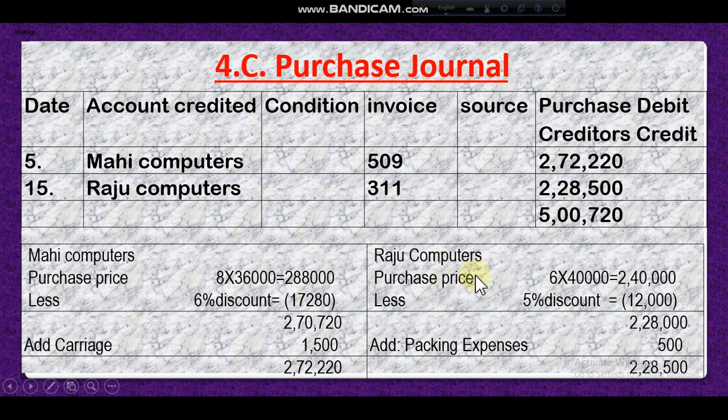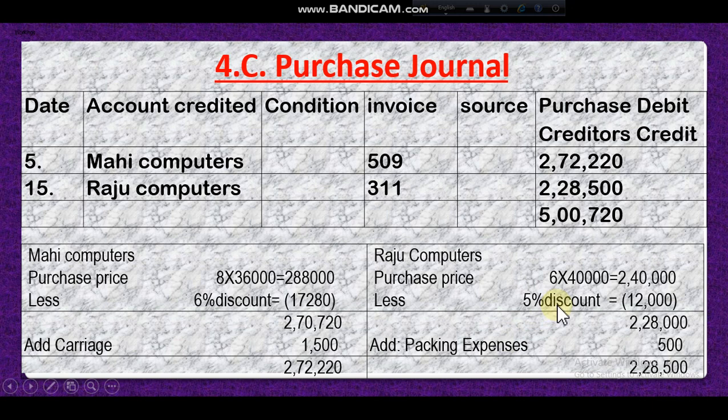Look at purchase price. Now I purchase 6 computers at the rate of 40,000 each. So 6 into 40,000, it is 2,40,000 total purchase price. Then they allow 5% discount, and 5% will be subtracted. At first I have to subtract discount, not packing expenses.